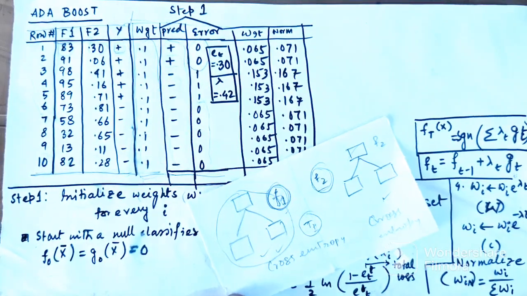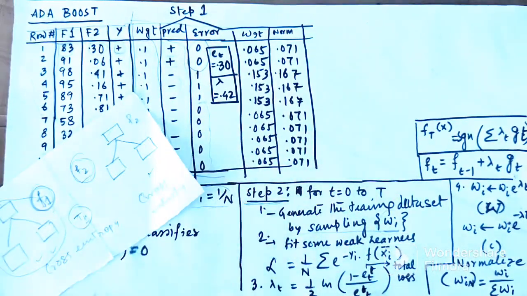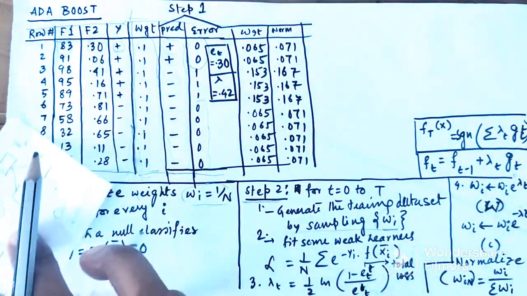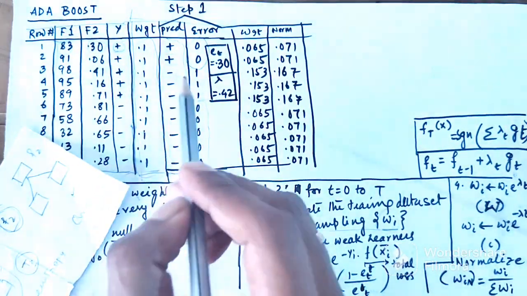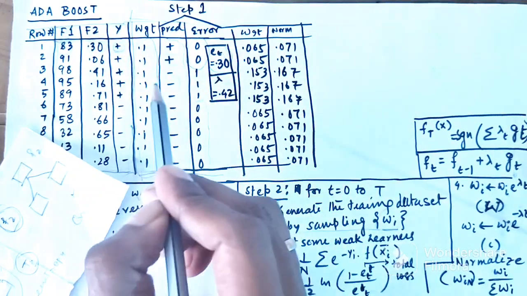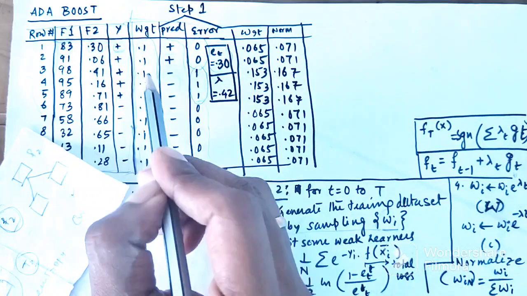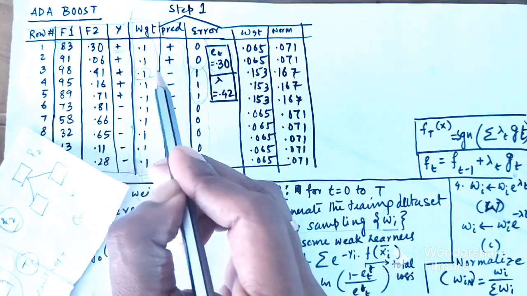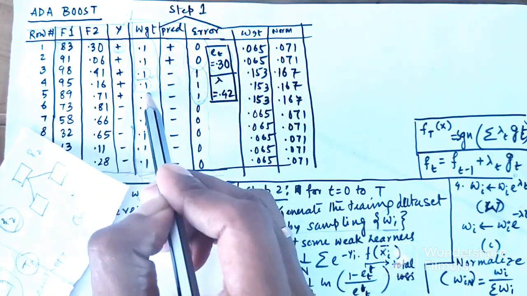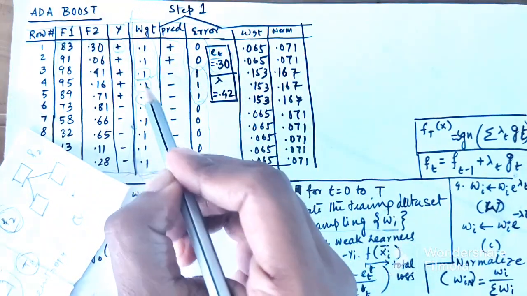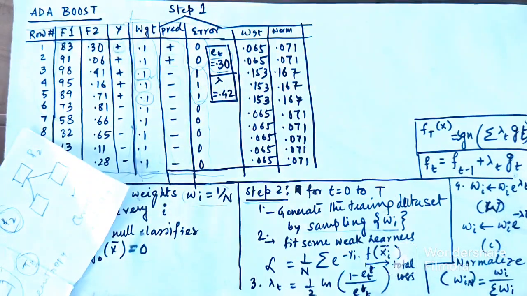After that, we have to compute the total error, which is how this ET comes. How many ones are there? There are 3 ones. What is the corresponding weight? That is 0.1, 0.1 and 0.1, correct? So the total error will be 0.1 plus 0.1 plus 0.1, that is 0.3.